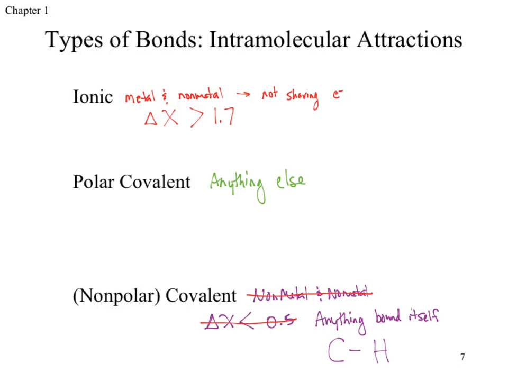Polar covalent. Okay? Officially, it's going to make up the difference in electronegativity, that gap in between. Okay? Because we've simplified our periodic table down, I would actually change this a little bit further and say we're looking at anything bound to oxygen, nitrogen, or a halogen.